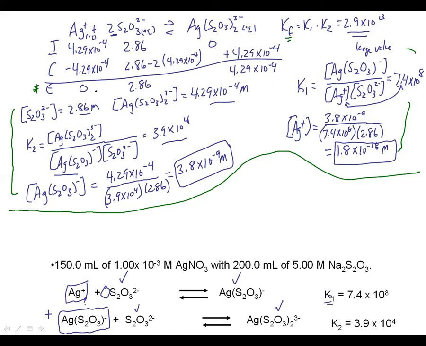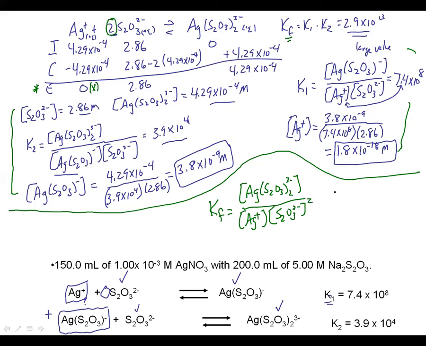We could have come back and said, we're going to call this X, and use the overall equation and its equilibrium expression, divided by the silver and divided by the S2O3 2 minus. Here we would square it because we're dealing with this reaction.